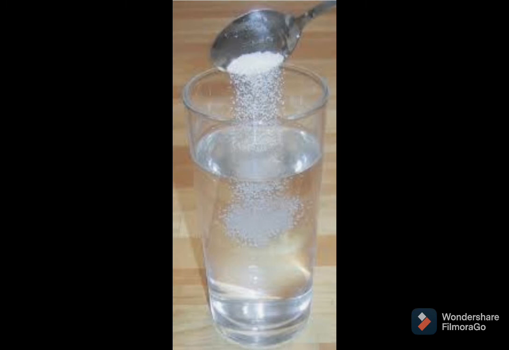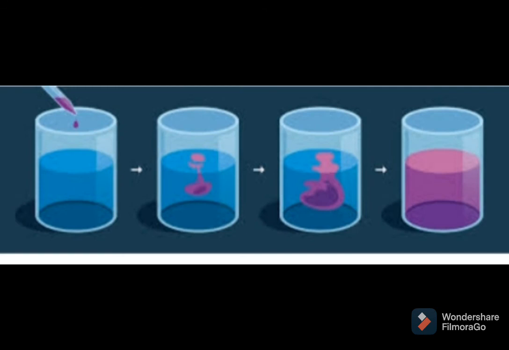Let's understand diffusion. To understand diffusion, I will give you another example. We take a beaker, add water into it, and slowly add 2 to 3 drops of red color ink. Then you will notice that the red color slowly spreads throughout the beaker, and after that the whole solution becomes red.